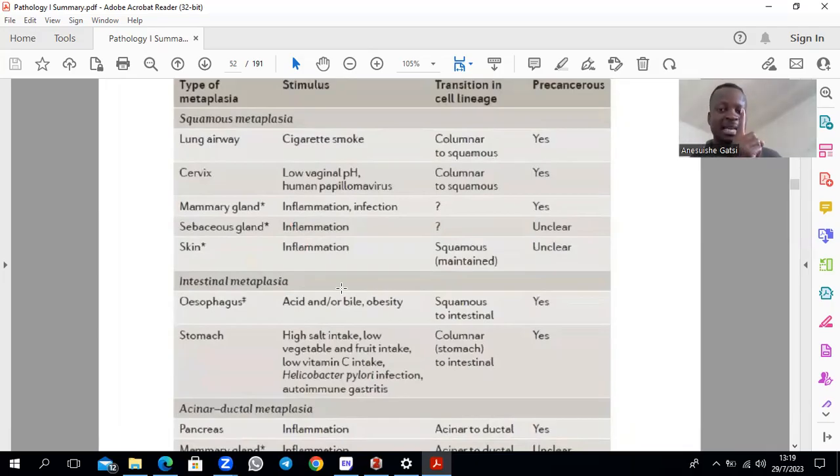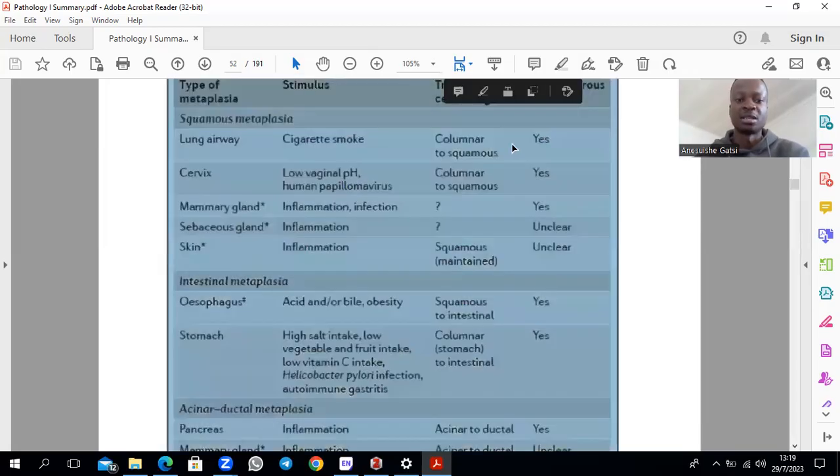You start with the metaplasia, then you go to dysplasia, which is now the abnormal growth. Then you go to neoplasia, which is now the uncontrollable, right? So not all metaplasias are going to lead to cancer, right? But most common metaplasia, it's a columnar to a squamous, which is in the respiratory epithelium, which is the number one there, right?